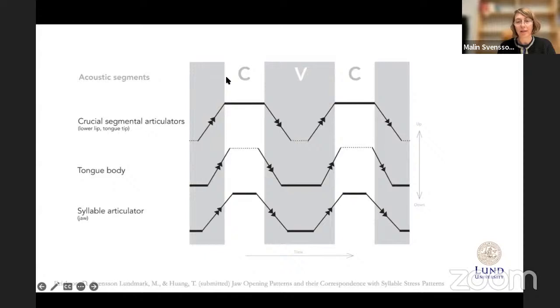In this CV sequence, that means we have 2 ballistic movements. And below there is the tongue body, lowering in this case for an open vowel. And we know that the tongue body posture is shorter than the vowel segment. And below that, we have the lower mandible, the jaw. Possibly a syllable articulator with its opening movement. The jaw postures are always shorter than all of the other articulatory postures.